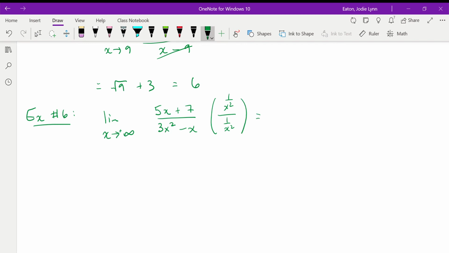So that gives me 5 over x plus 7 over x squared, and we are still taking the limit here as x goes to infinity, over 3 minus 1 over x. So everything with an x in the denominator goes to 0, and I end up with 0 in the numerator and a 3 in the denominator, so this is going to be equal to 0.